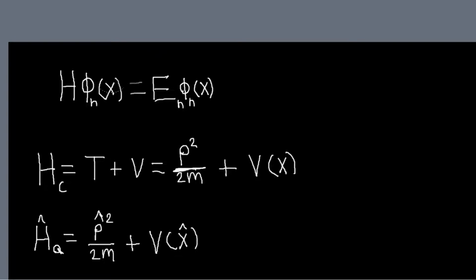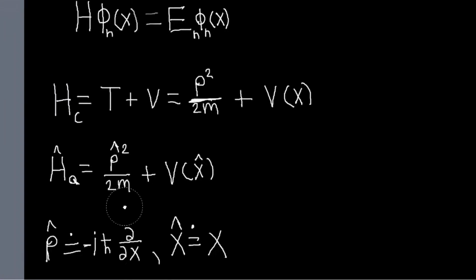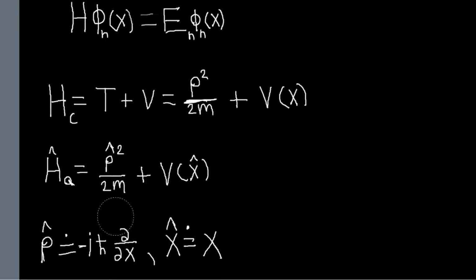So we have our eigenstates represented in the position basis, and so we need our Hamiltonian also represented in the position basis if we're going to actually work with this. One day I'll go back and prove all of these things that I'm just saying.